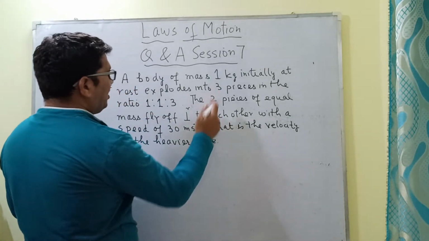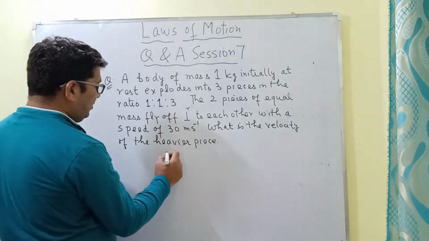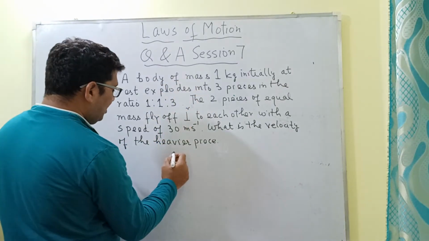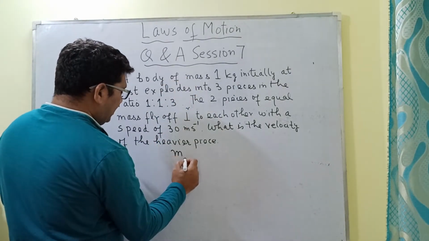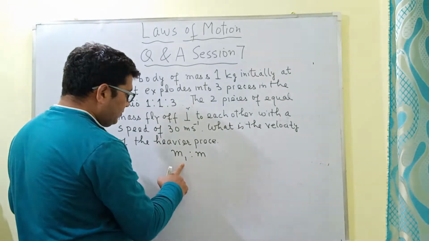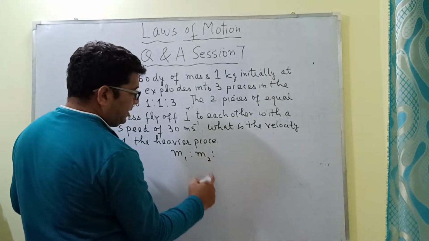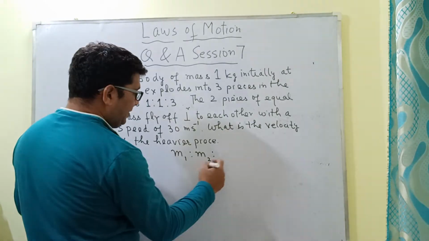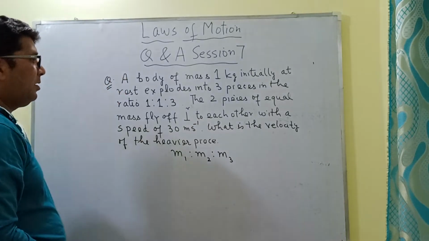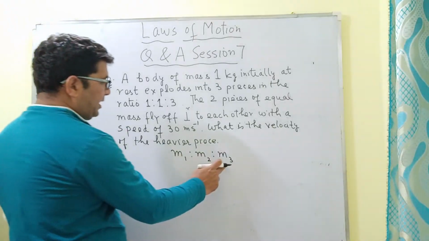This means that, after this body explodes into 3 pieces, we can say that the mass of one body, which I have denoted here as m1, is to the mass of the another body which I have denoted here as m2, and m3 is the mass of the heavier piece, which I have denoted by m3.